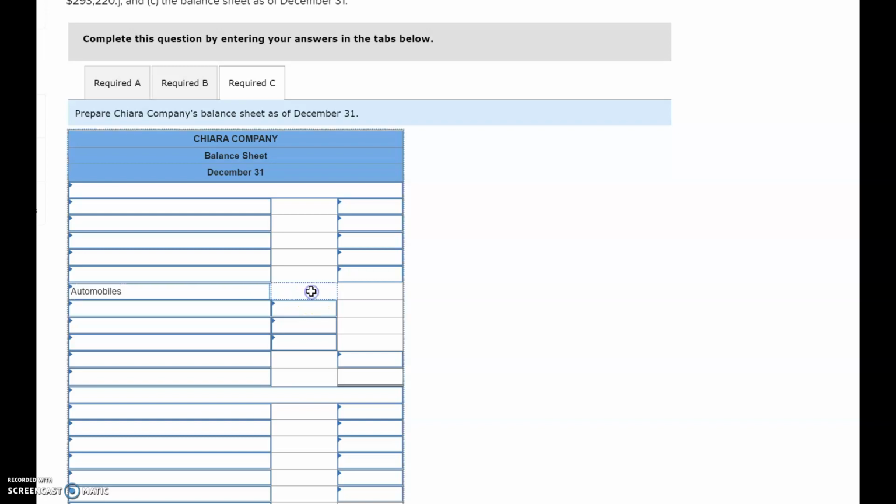Drop in the amount. And then the accumulated depreciation goes right underneath it. And then the book value will be in the right column because it'll be added together with your other assets. And you'll do the same thing for the equipment and its accumulated depreciation. But other than that, the balance sheet is like the ones that we did in chapters 1 and 2.